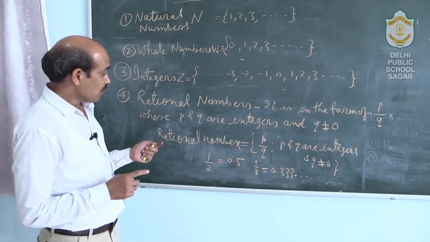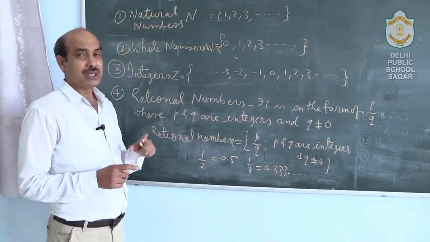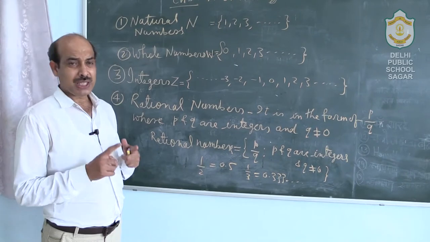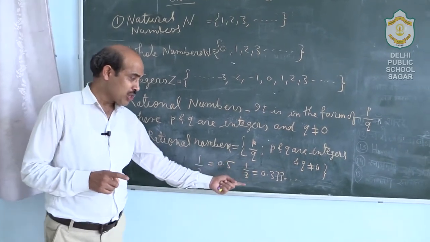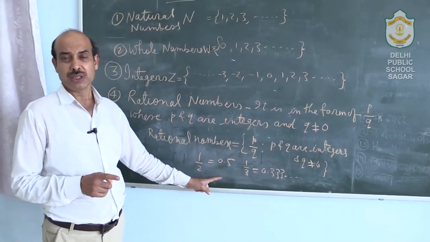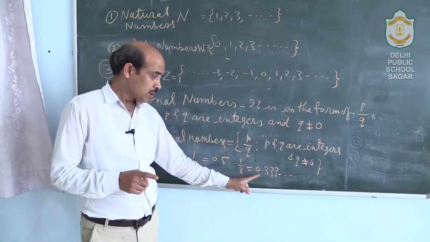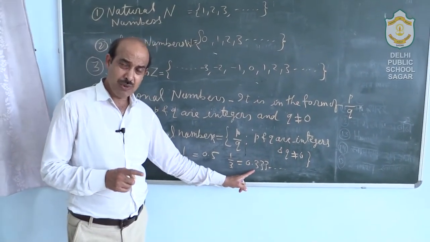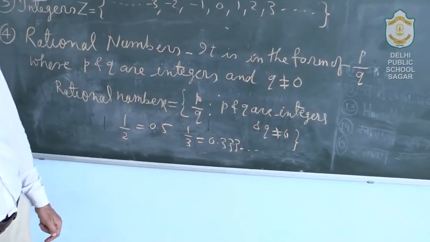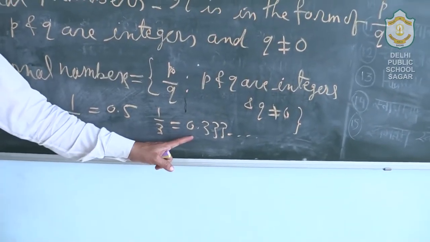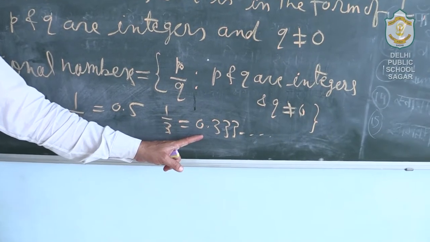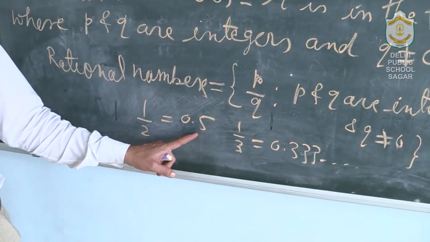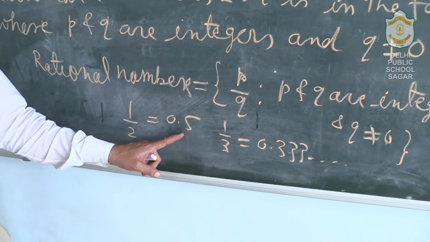Now before going to the next number, that is irrational numbers, we must know what is the decimal representation of rational numbers. You are observing here, this is repeated, which we know as non-terminating or recurring decimal, and this is a terminating decimal of a rational number.